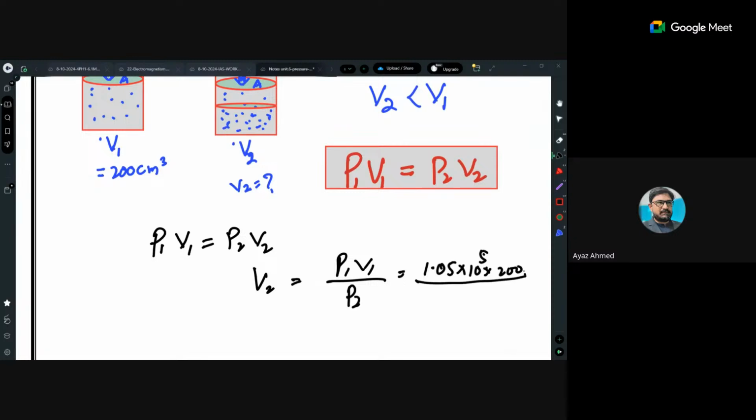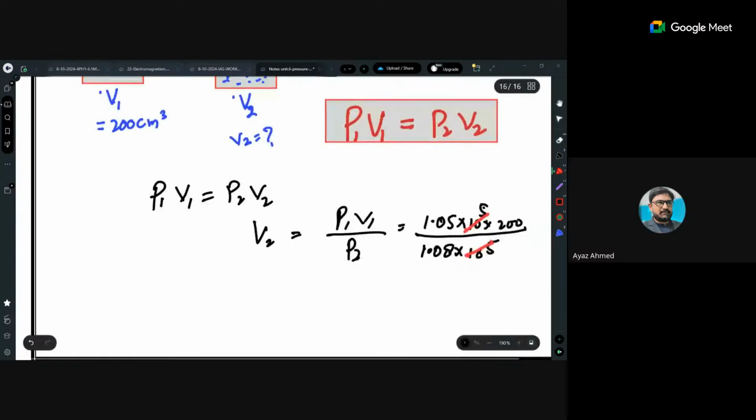No need to convert because volume will be coming in cubic centimeter, and the new pressure is 1.08 into 10 raised power 5. So when you solve that, 10 power 5 will be cancelled by 10 power 5. Do you people have a calculator? Yes, sir. So please calculate 1.05 into 200 divided by 1.08.